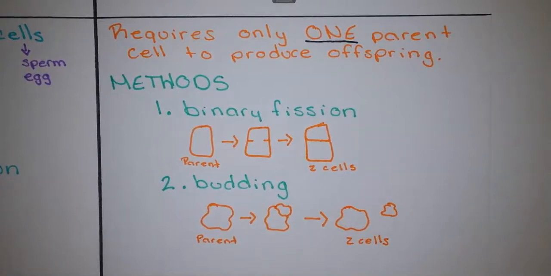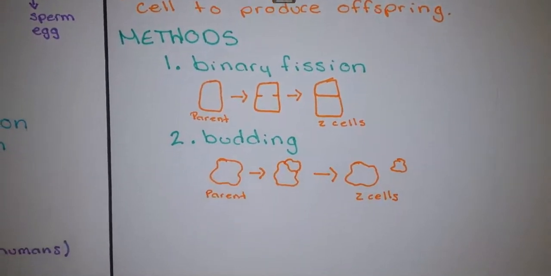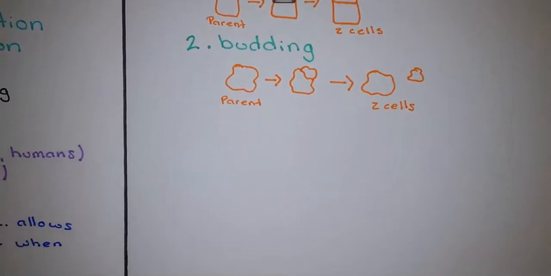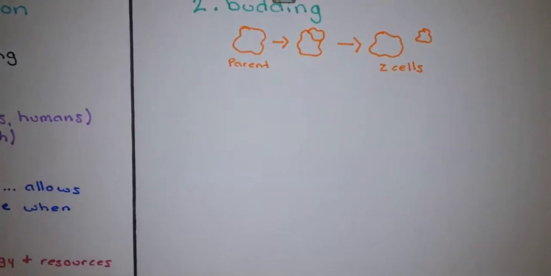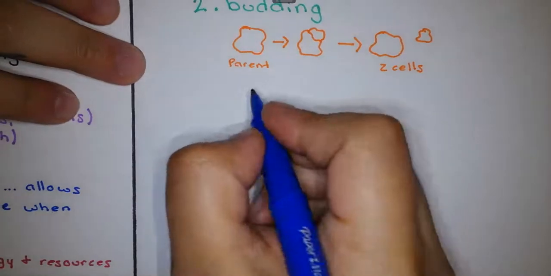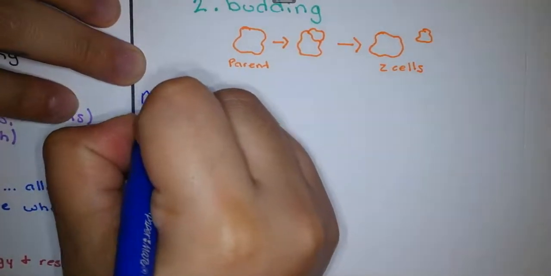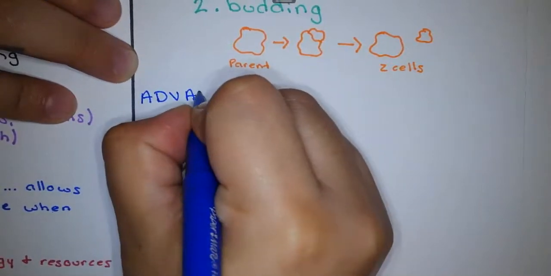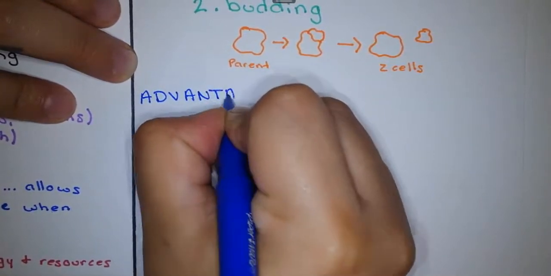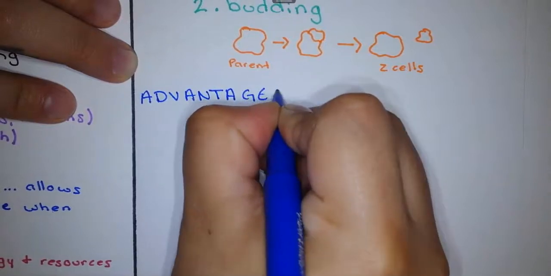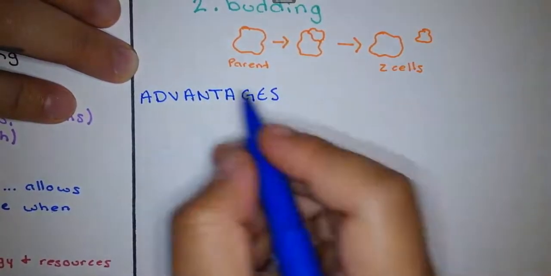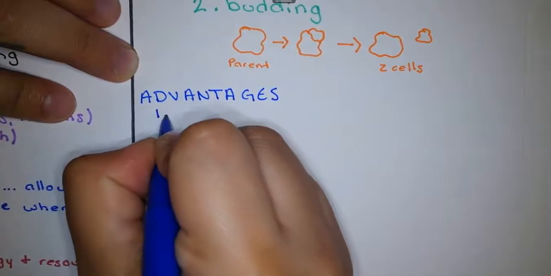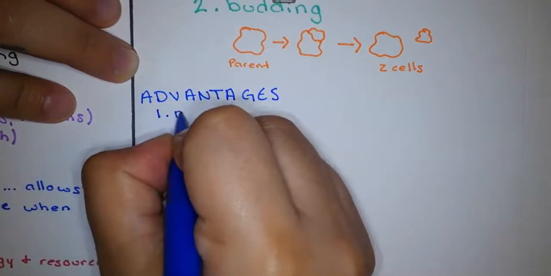Now we're going to talk about advantages and disadvantages for asexual reproduction. So your advantages, there's two. The first one is that no mate is required.